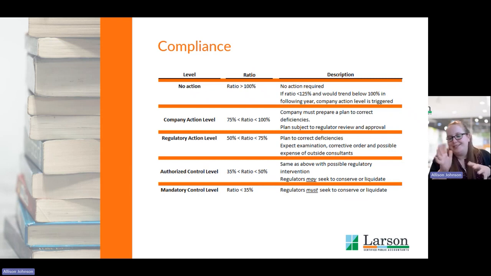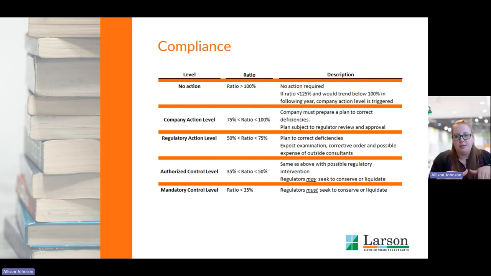So it's similar to the last one. Everything applies. You need a plan. The regulators are going to be involved with examinations, but at this point, the regulators may decide, things aren't going well. We're going to step in and either liquidate the company or put it into conservatorship, where they're going to now run the company.